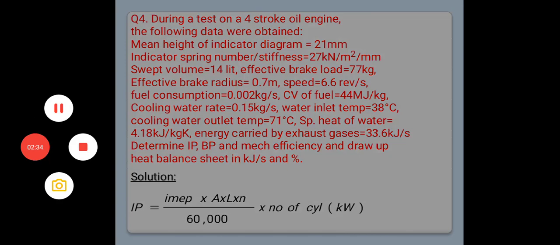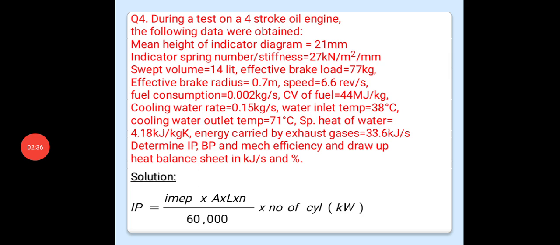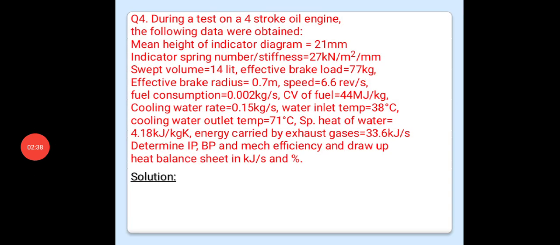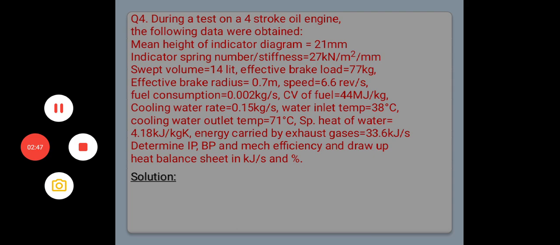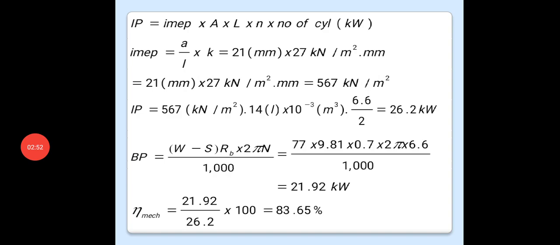So first we have to calculate the mean effective pressure of indicator. As we have discussed, IP is equal to IMEP L A N into number of cylinder. First we have to calculate indicated mean effective pressure.